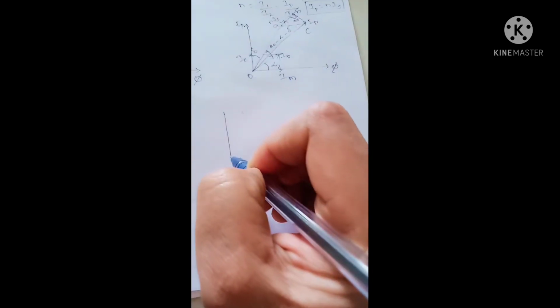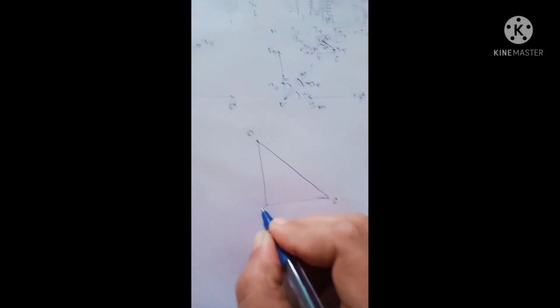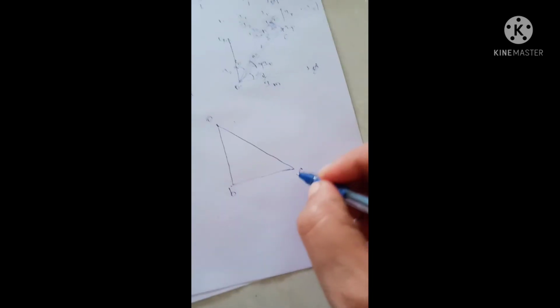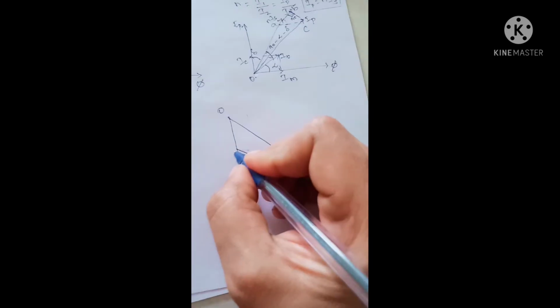So when we consider this triangle OCB, I am going to consider the OBC triangle, and I am drawing it separately now. This is point C, this is O, this is B, and from C I am having a point A. From our diagram, look here.